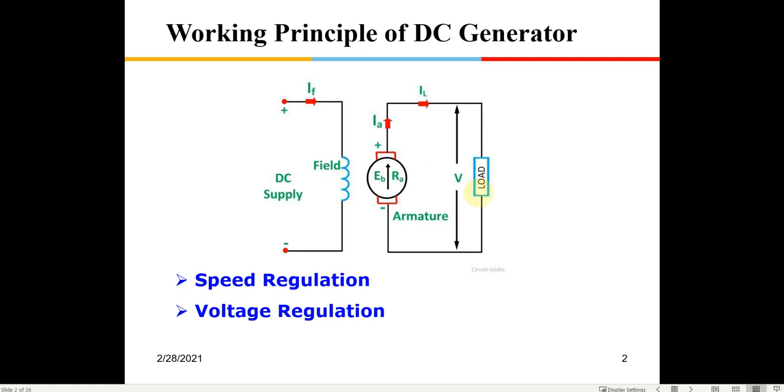As you keep increasing the load, more current flows into that load, and more current induces a greater opposing magnetic field in the armature. So the torque will increase. To keep the RPM constant, you need to increase the fuel supply into the machine which is running this armature.